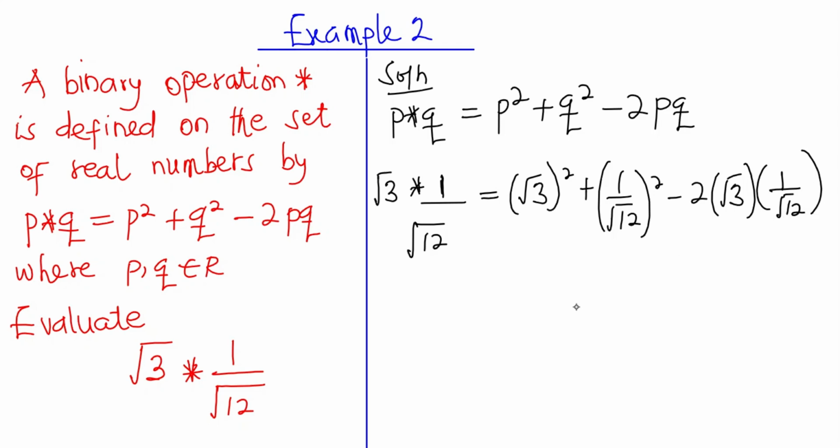Now this we are going to simplify. We can see that the square cancels the square root, so we are left with 3, and we can rewrite it well. 1 squared is 1, and for square root of 12 the square is going to cancel the square root, so we are left with plus 1 over 12 exactly, minus here we maintain 2 and that of square root of 3.